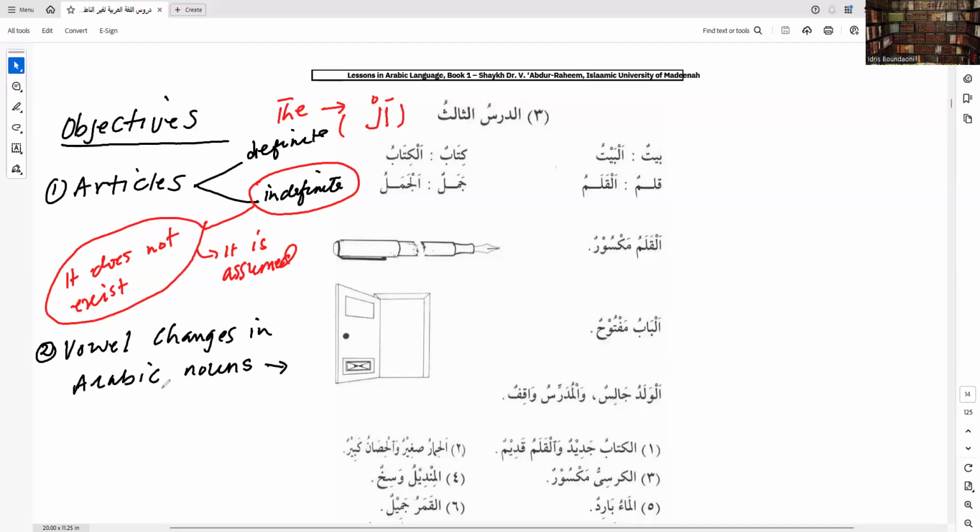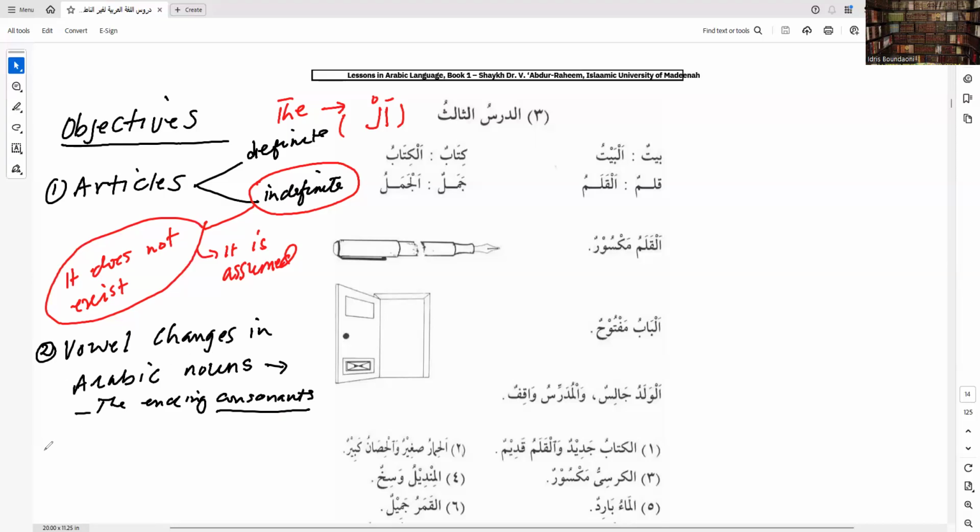In Arabic, vowel changes are determined by the ending consonants. When a noun ends in a specific vowel, we're looking at the end. How is it going to change?